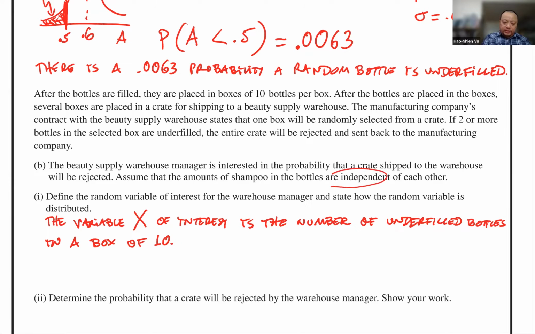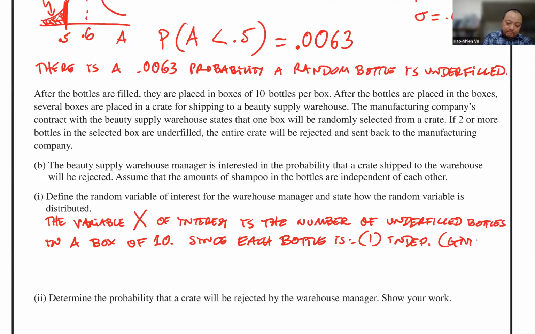And over here, they tell you that the shampoo bottles are independent and they're either underfilled or not underfilled. So that's a hint that says this should really be binomial. So let's go through the binomial conditions. Since each bottle is, number 1, independent, that's given. Number 2 is either underfilled or not. So that makes it binary.